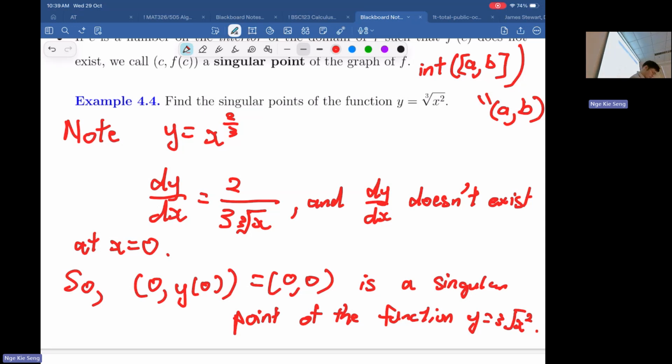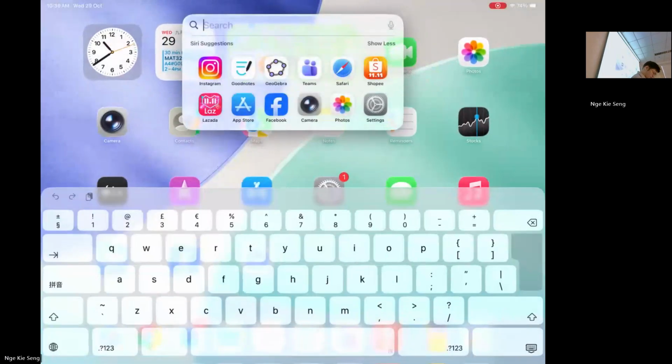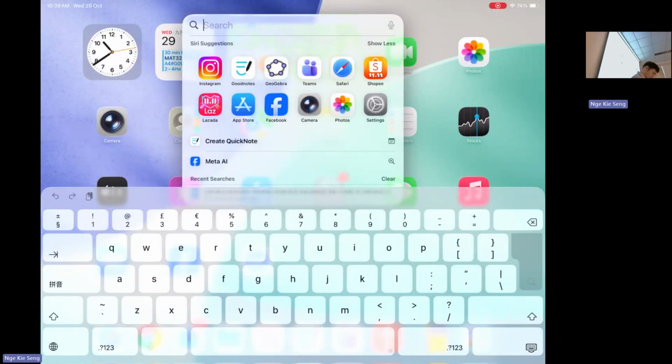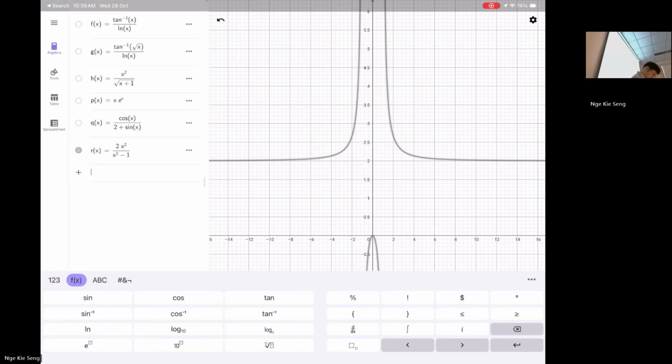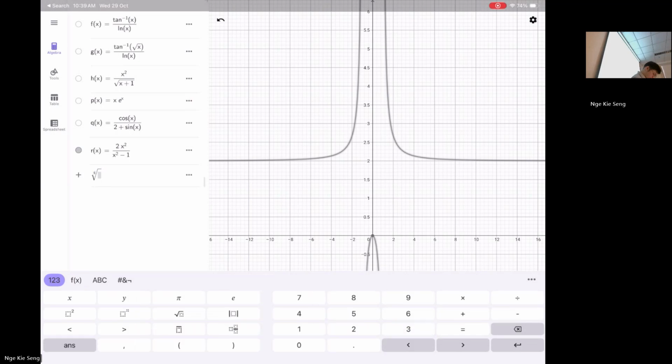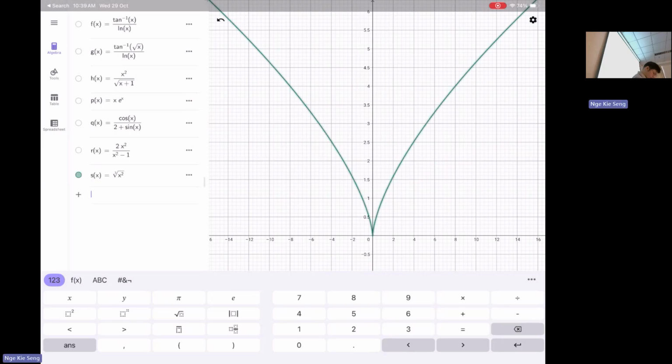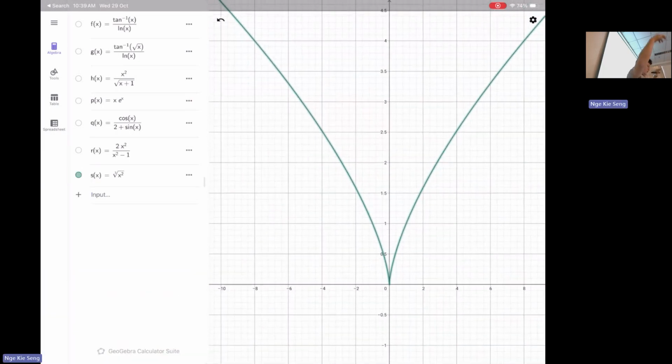Okay, so let's draw this. Cube root. Okay, so you can see that this is like a V shape.